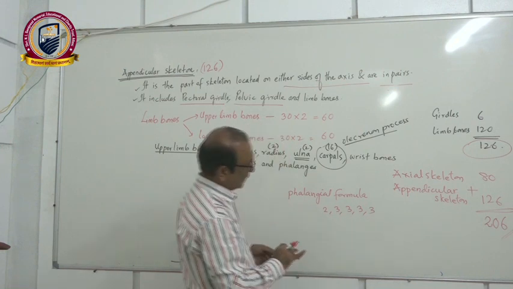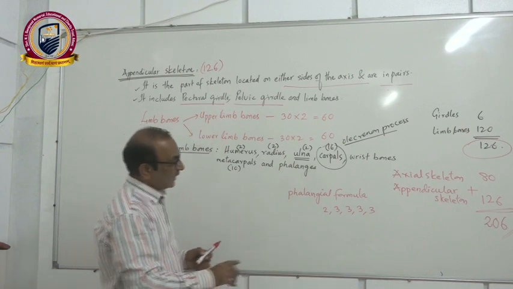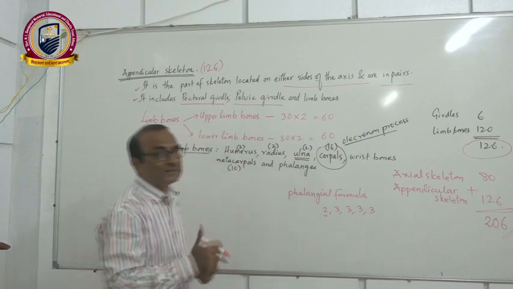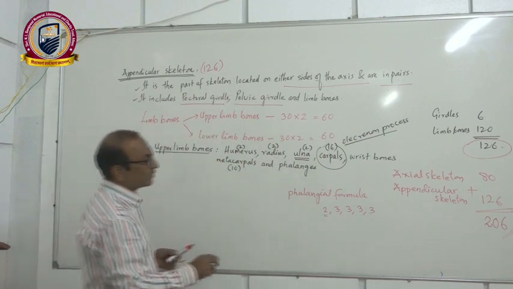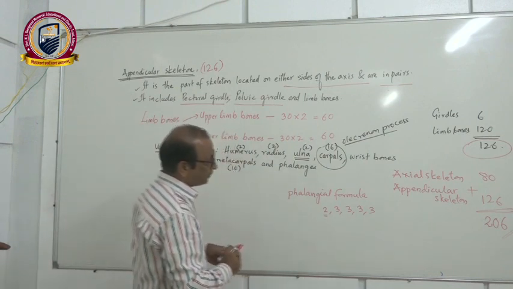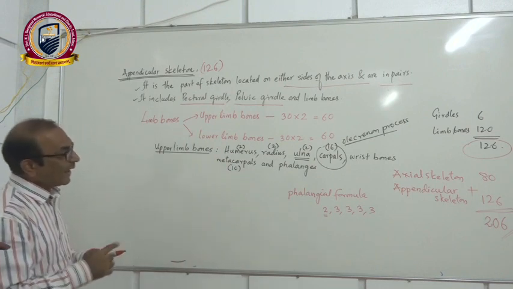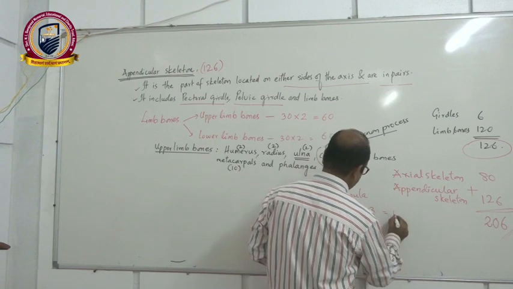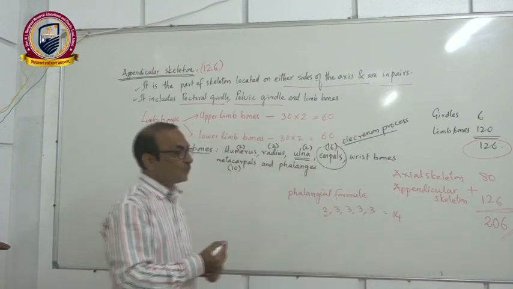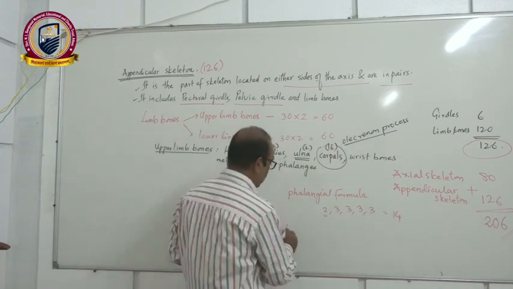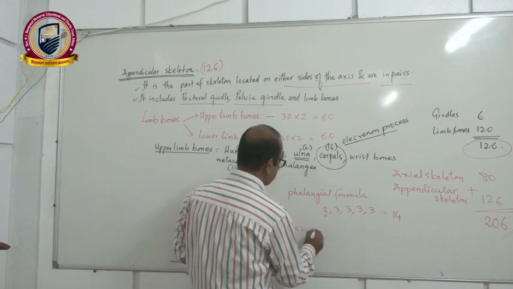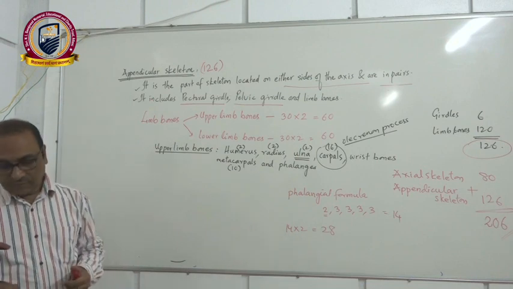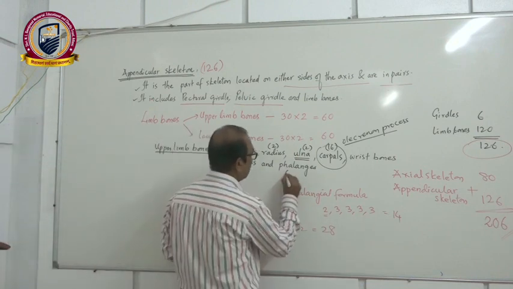So altogether in the 5 fingers, the thumb has only 2 phalanges, or 2 bones, and the remaining fingers have 3 bones. So in one hand the total number of phalanges is 14, isn't it? We have 2 hands, so 14 into 2, 28. So the total number of phalanges will be 28.